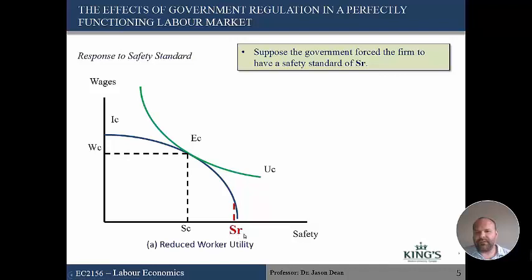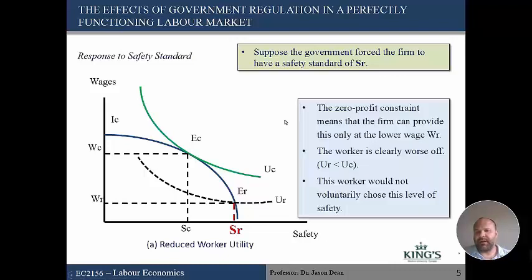So of course, if they're forced to take SR, they're going to be at a lower level of utility, which corresponds to this indifference curve UR. So if the government forced the company to provide at least this level of safety, the worker would be made worse off. This worker would rather be exposed to some risk in return for this much higher wage. They'd be happier here than here.